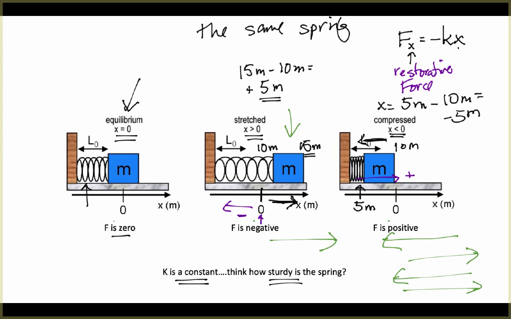And if there's nothing stopping it, like friction, it would just move back and forth constantly. Now, if there are things opposing the movement, then it will slowly stop and go back to here. But if there's nothing, it will keep moving back and forth.